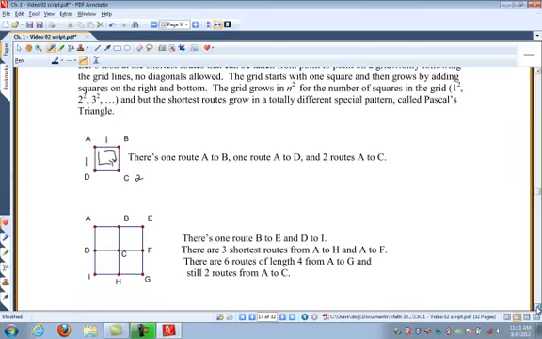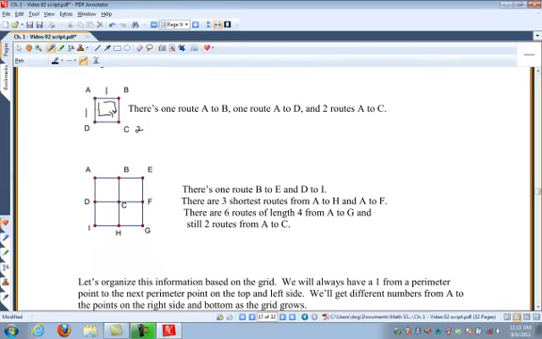Now if I grow my grid, notice I went from 1 squared to 2 squared, four blocks. Here I've got my 1 and my 2. Here's another 1 from D to E and 1 from D to I. However, there's 3 routes from A to H and 3 routes from A to F and 6 routes from A to G. They're length 4.